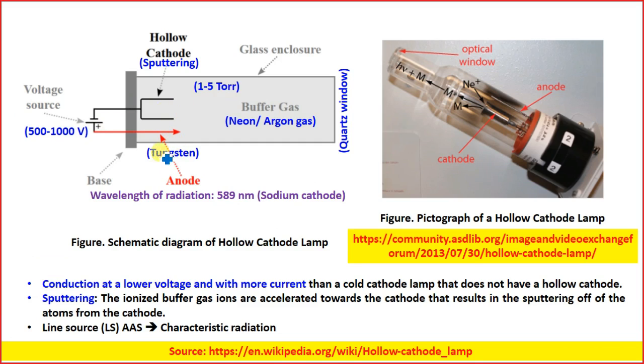Between the anode and the cathode, a voltage of 500 to 1000 volts is applied. In general it is usually kept in the lower voltage range, but you may have a higher range also, and in some low power systems it may be near 300 volts.